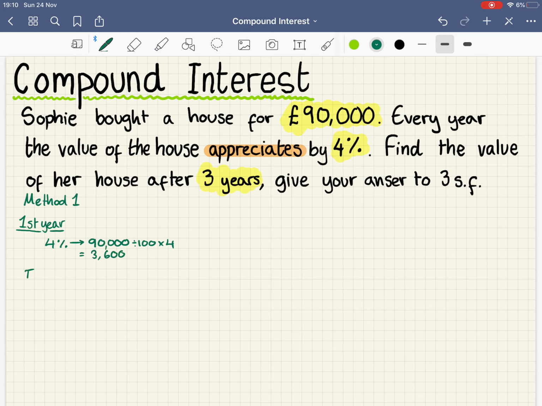Now we find the total. Because it appreciates, we take this original amount and add on the percentage we've just calculated to give us 93,600.